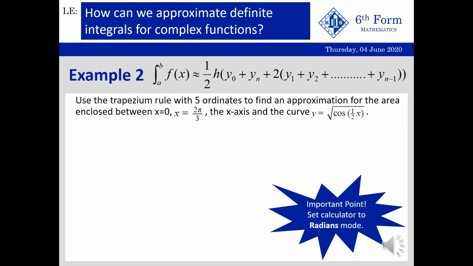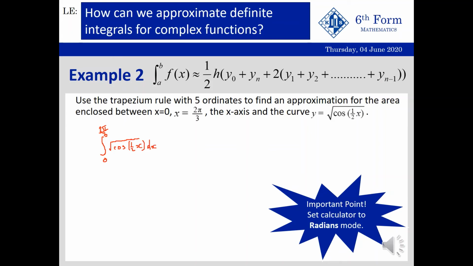It's given us limits to use of 0 and 2 pi over 3 for our integration. So what they actually would like us to do is calculate an approximation to the integral between 0 and 2 pi over 3 for the function which is the square root of cos of half x with respect to x.